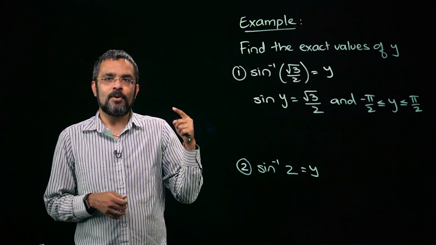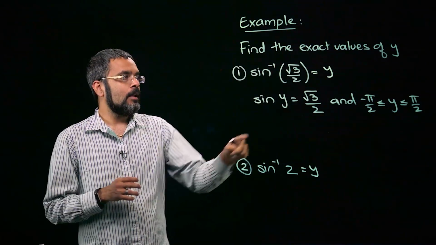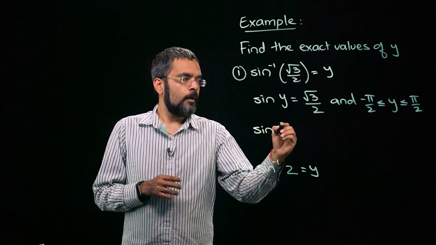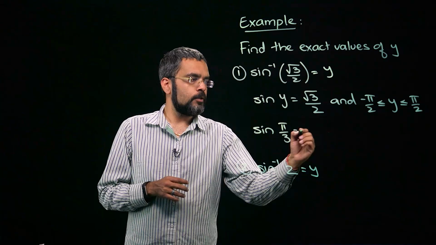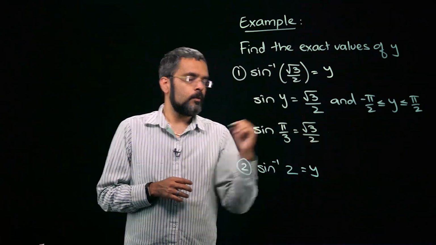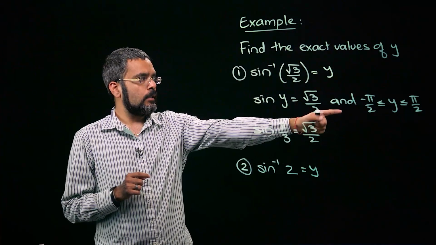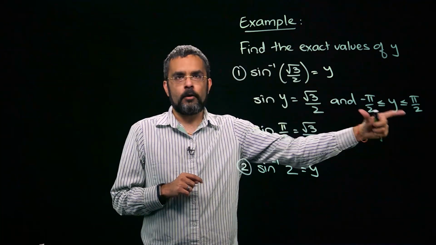Now if you remember your unit circle, or the chart that we made, we know that sine of pi/3 is √3/2. The only thing we need to confirm is whether this angle is within the interval negative pi over 2 and pi over 2. Well, it is.